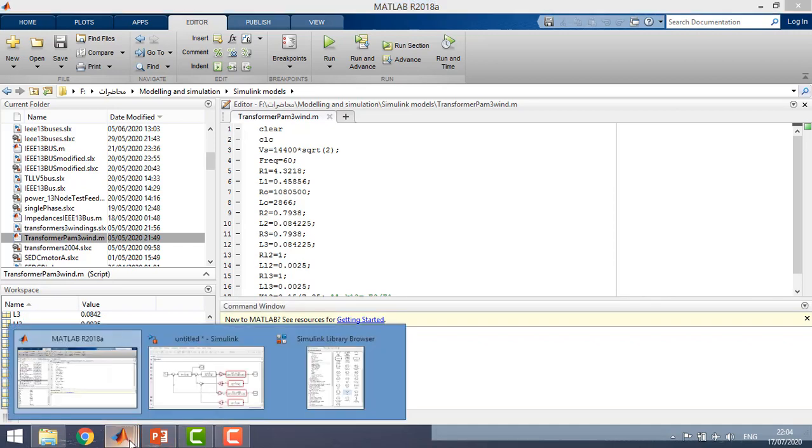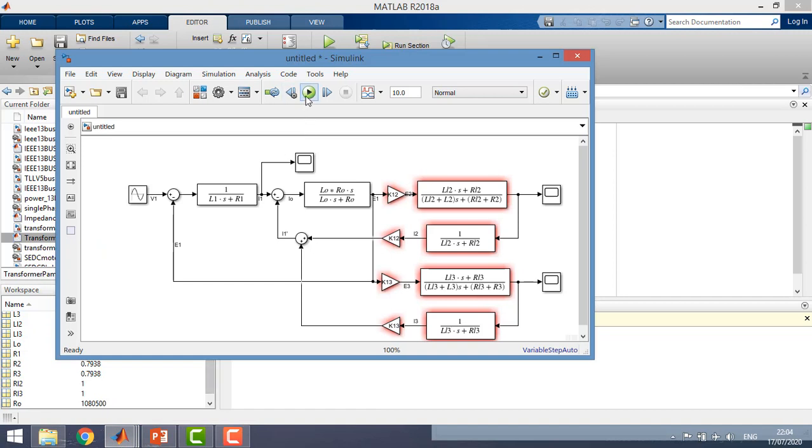Then we need to run the model. I guess one second would be enough.